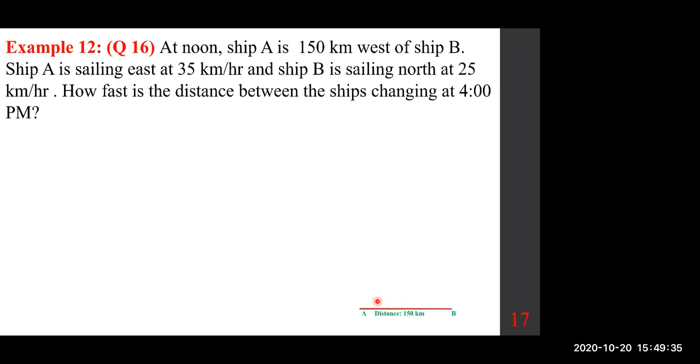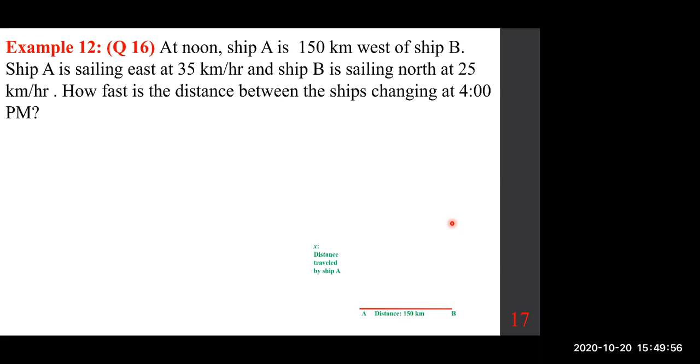So A is going this way at 35 kilometers per hour, and B is going up north at 25 kilometers per hour.